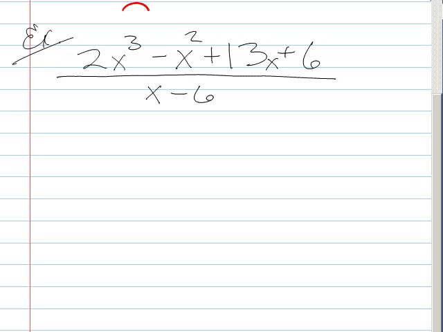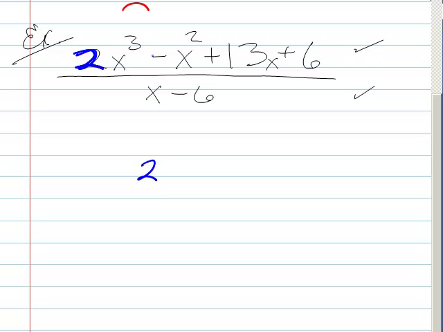So in synthetic division, we check: we have a polynomial on top, yep, and the bottom is in the right format. It's x minus something. Yes. So we're ready to go. We set up a little problem here. We take the coefficients off of each term. I've got a 2, I'm going to put it here.